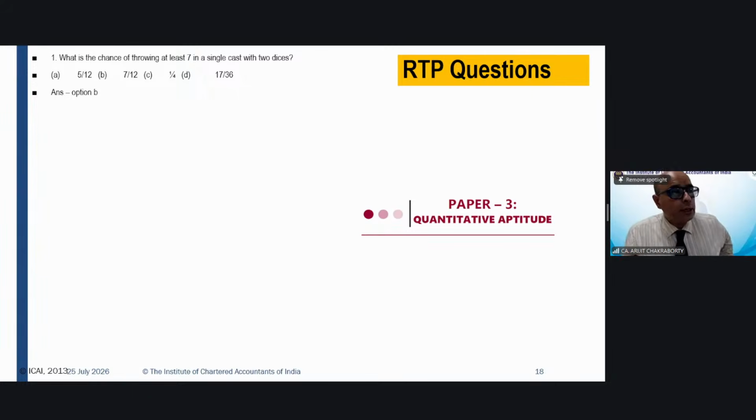Now they're asking at least 7. At least 7 means it can be 7, 8, up to 12, because when you throw two dice, that is the maximum which can come.